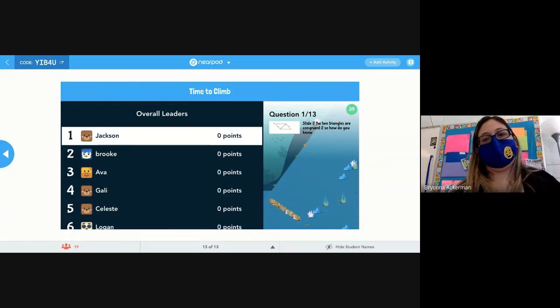All right, so if you look at the picture, are the two triangles congruent? If so, how do you know?